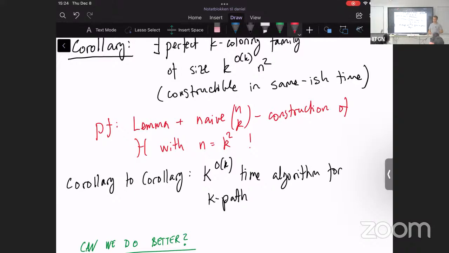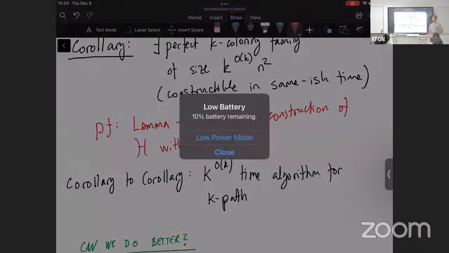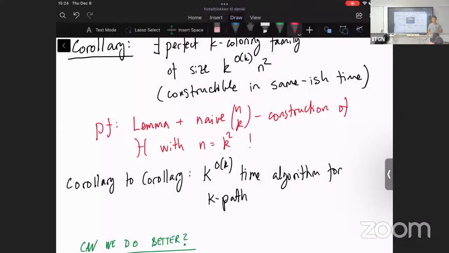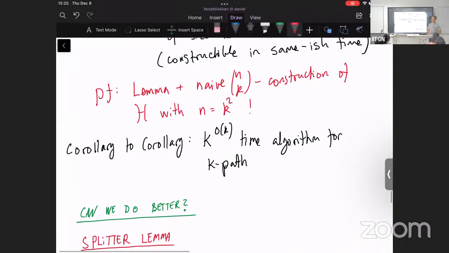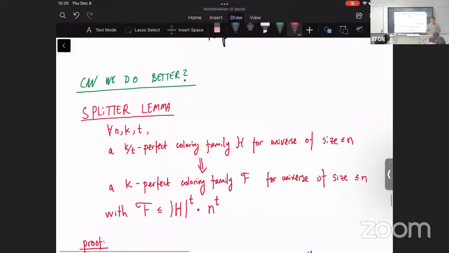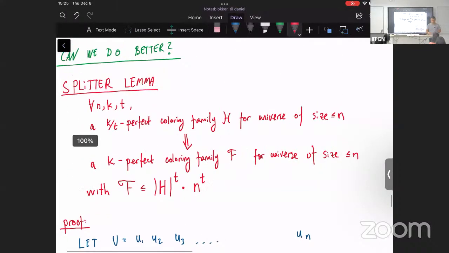Natural question: can we do better? We now have a perfect k coloring family of size k to the power k. Can we get one of the same kind of size as our randomized algorithm? So what we're going to do now is apply something that I call a splitter lemma.